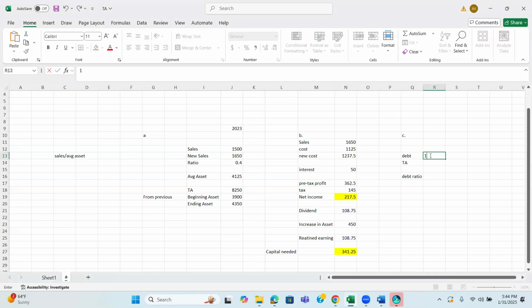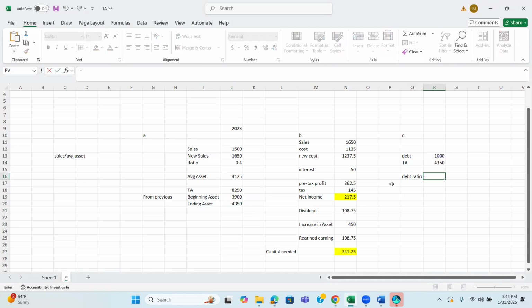So our debt is 1000, and our ending asset is 4350.